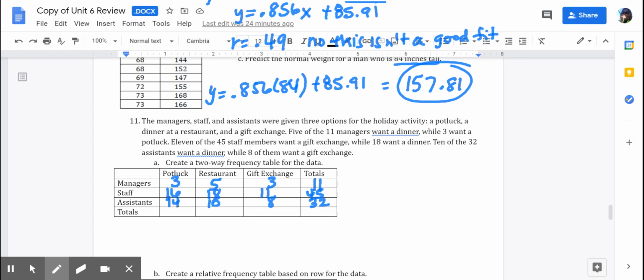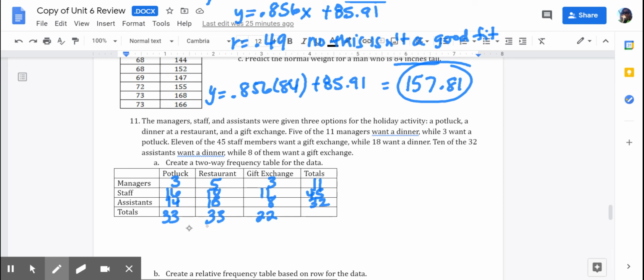And now I can fill in the rest of my chart by simply adding. 3 plus 16 plus 14 is 33, so 33 total people wanted a potluck. 5 plus 10 plus 18 is 33, so 33 people wanted a dinner in a restaurant. And 3 plus 11 plus 8 is 22, so 22 people wanted a gift exchange.